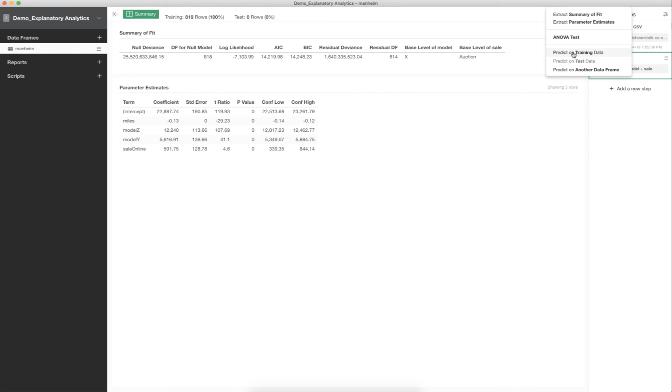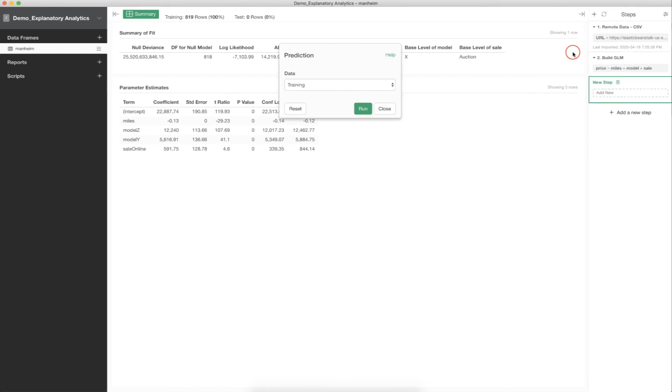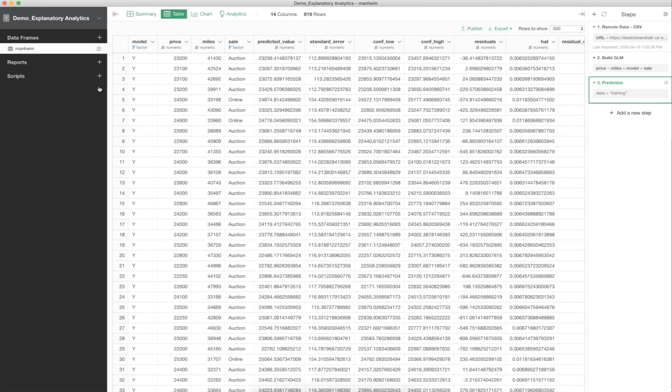Subsequently, when I predict on training data, I can run this. Notice that I still have 819 rows. These are my initial observations. I had 819 rows of data with model, price, miles, and sale. Notice that I have some more columns now.